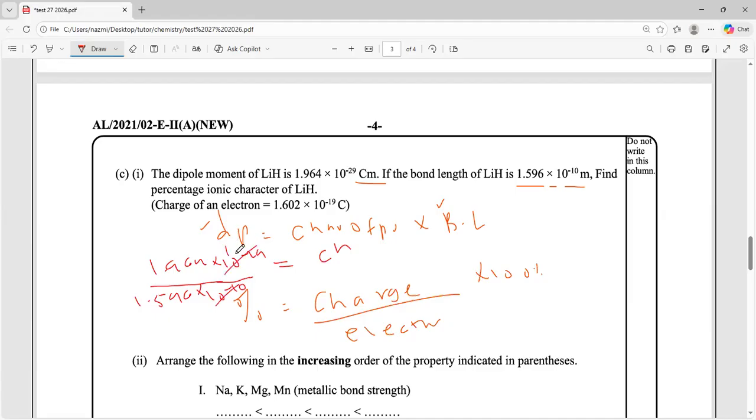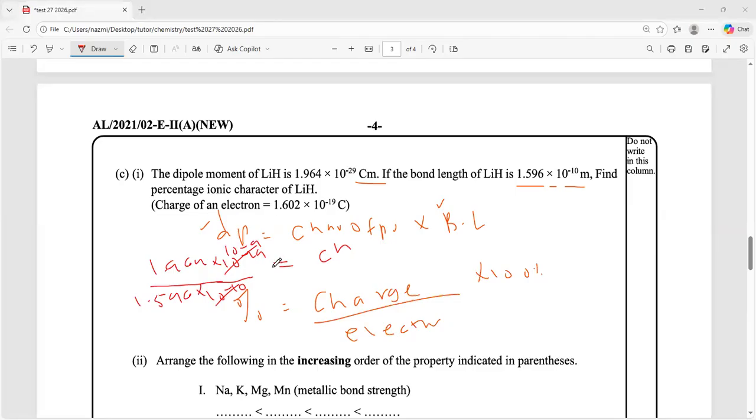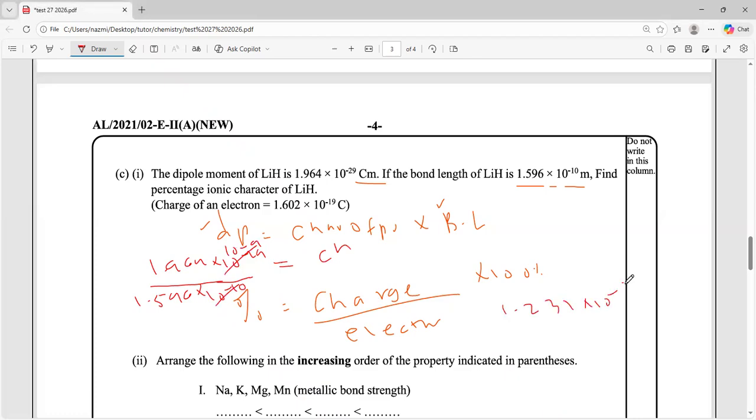So 1.964 divided by 1.596 is 1.231. So 1.231 into 10 power minus 9, that's the charge. That you have to divide by the charge of the electron, 1.602 into 10 power minus 19, and multiply by 100.